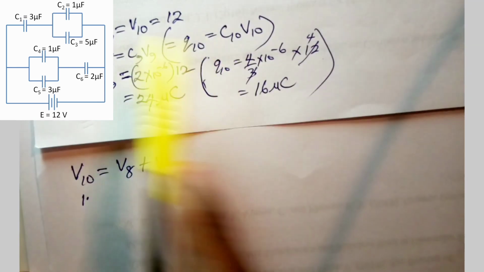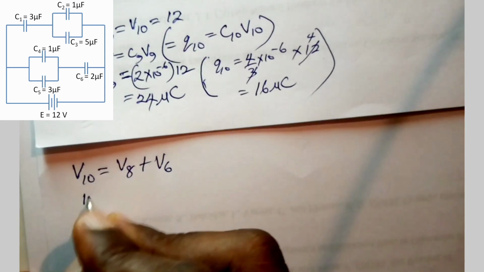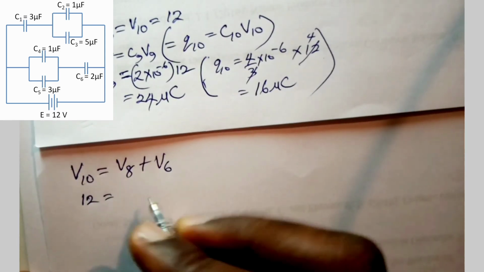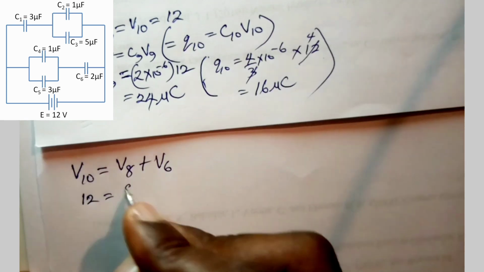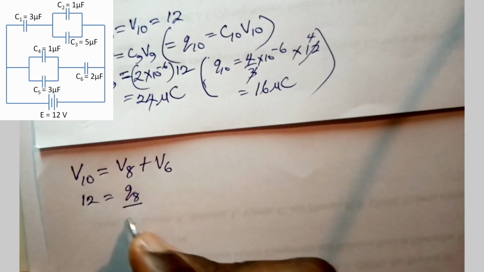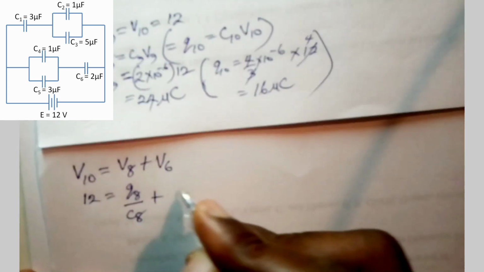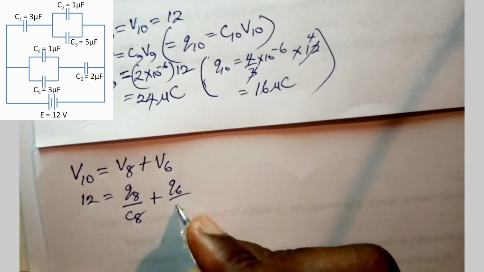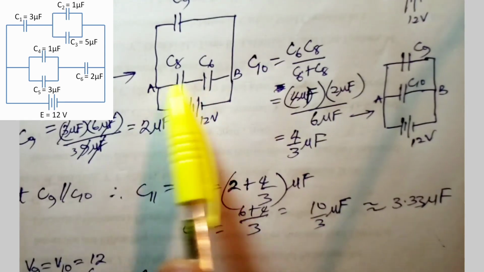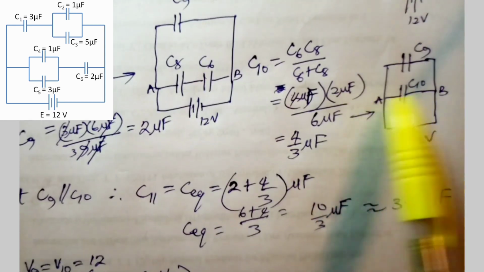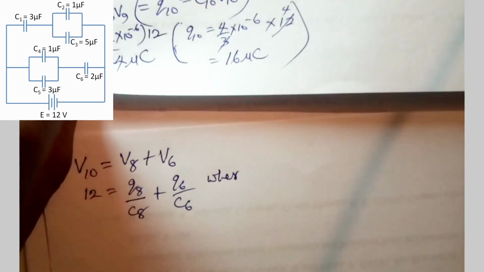We already established that this other one, V10, is 12. 12 is equal to Q8 over C8 plus Q6 over C6. Of course, the same charge will flow across the two capacitors.